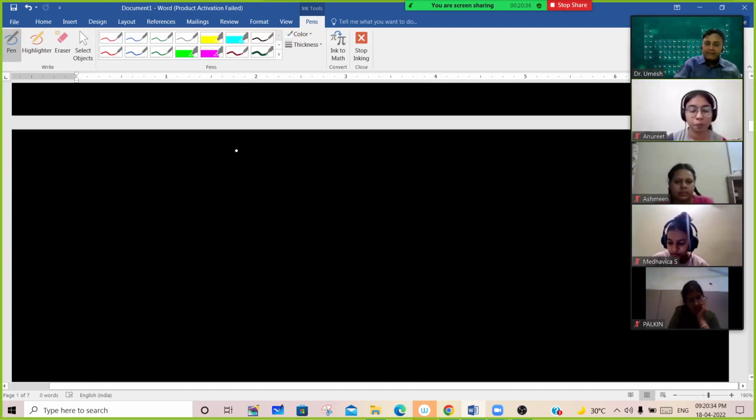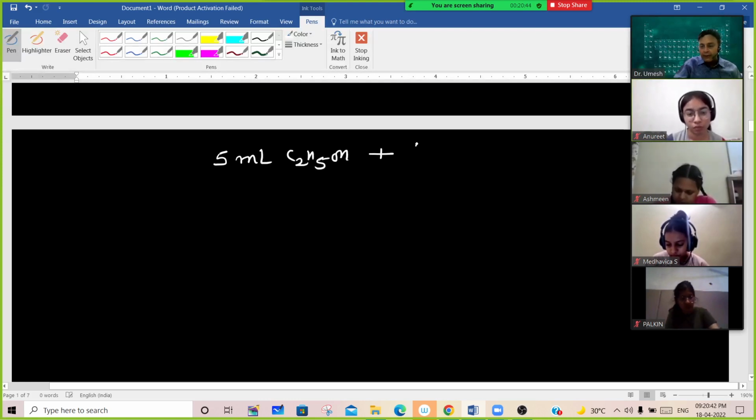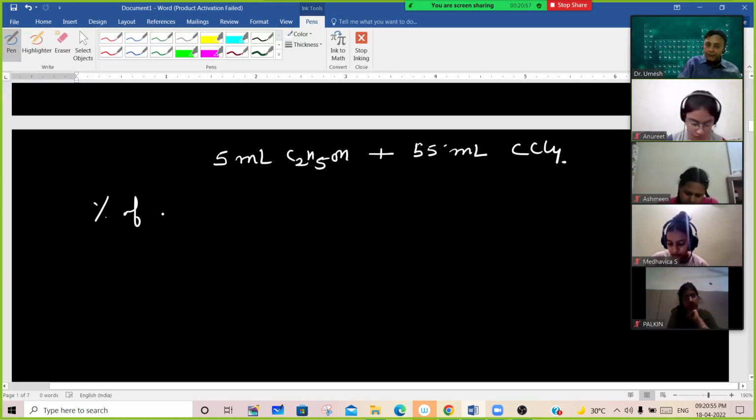Now suppose I say 5 ml of ethyl alcohol has been dissolved in 55 milliliter of carbon tetrachloride. Calculate the percentage by volume of alcohol.